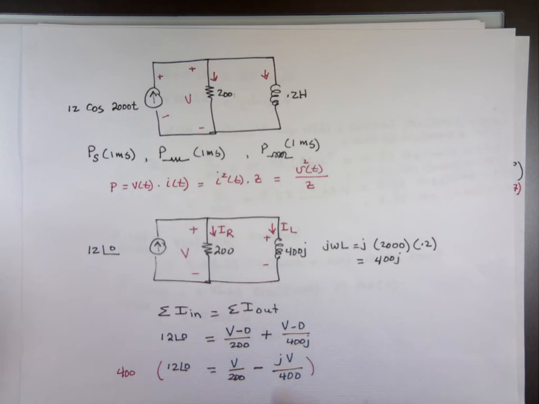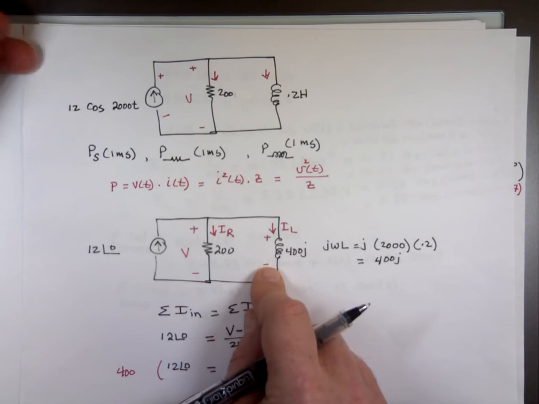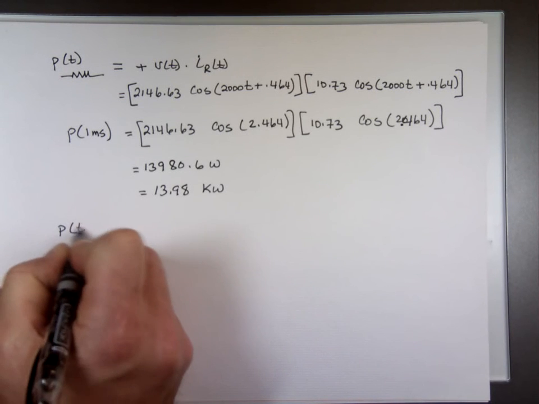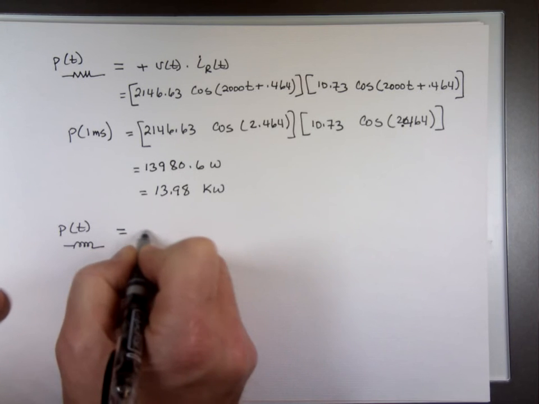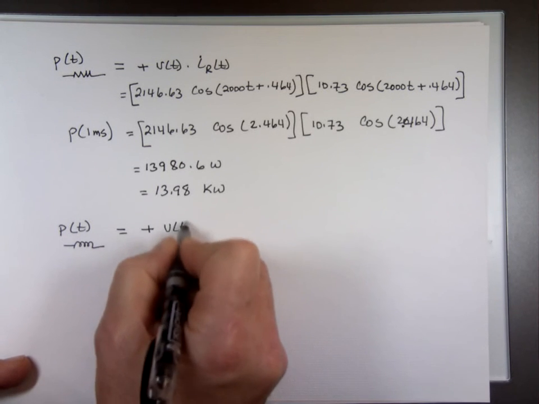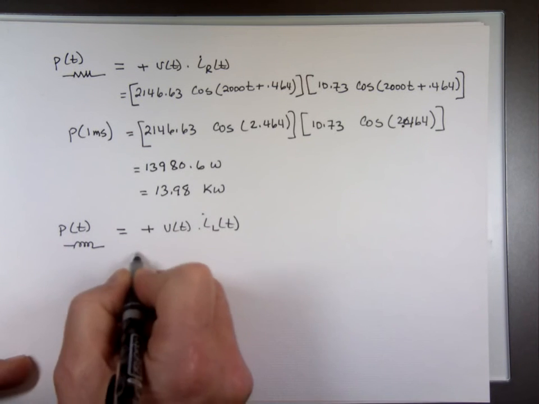So I have a positive current entering the plus, so I'm assuming it's going to absorb the power. Let the math lead me. So what's the instantaneous power, I keep saying average, by the inductor? I'm saying it's a plus; that's the assumption I'm making. Voltage times the current through the inductor. And what's the voltage?